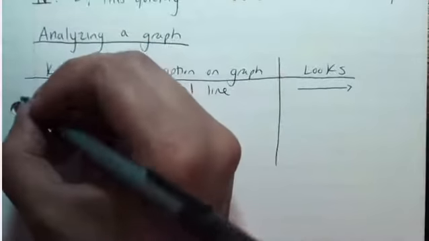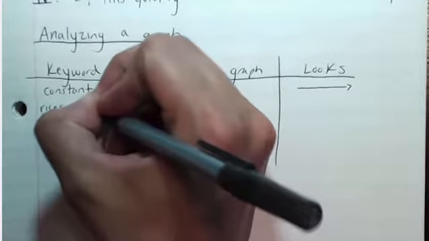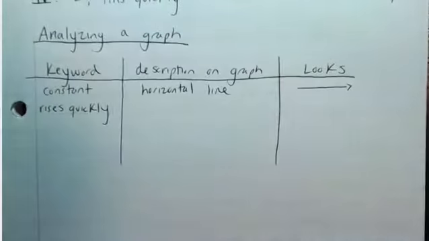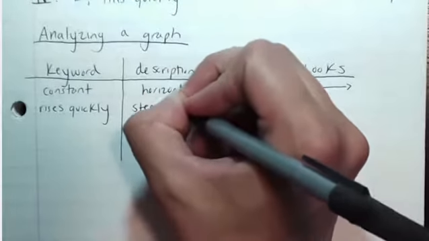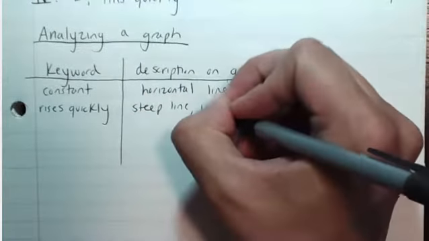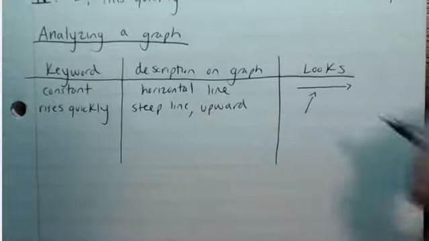Some other words that we might see, if something rises quickly, okay, this might be a steep line, and most likely it's going to be going upward. Okay, so it would look something like that.